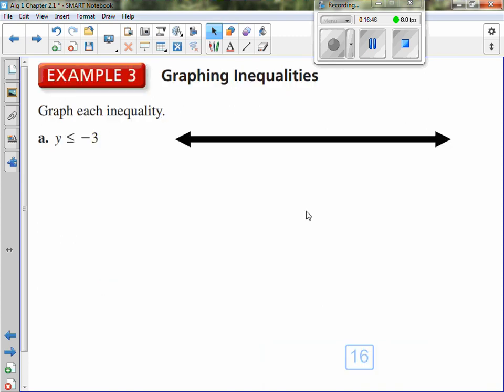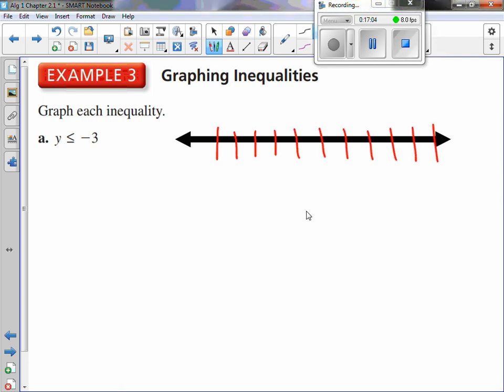All right. Well, that brings us to the last thing, graphing inequalities. And I believe you've probably graphed inequalities so far at some point in your life, yes? Okay. And we graph an inequality. We'll call this 0, 1, 2, so negative 3.